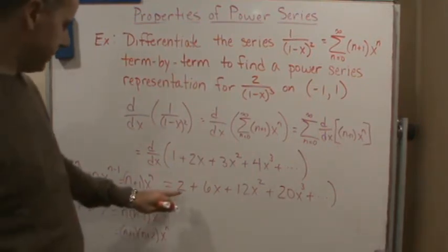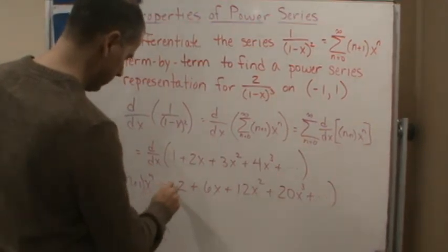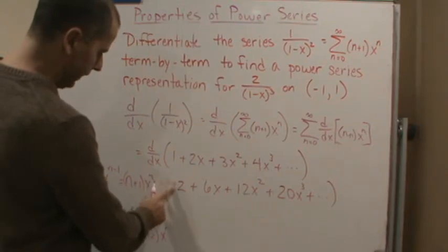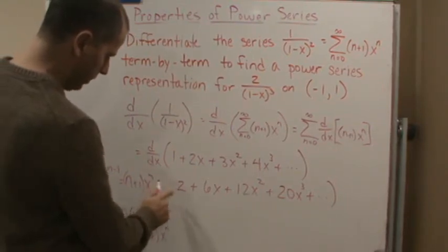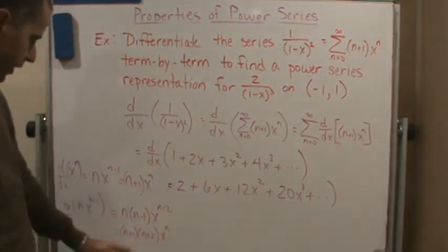Because again, if I get a 0 here from this one, this 0 I don't need. So I'm just going to start at this one and move it up again, another one.